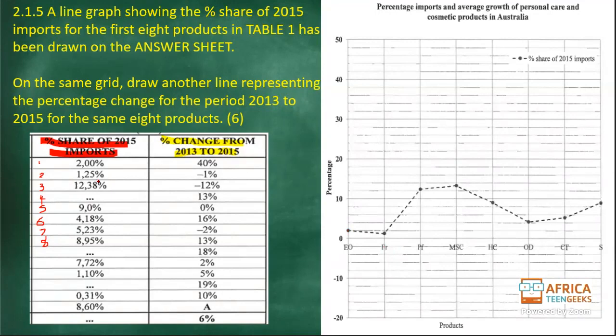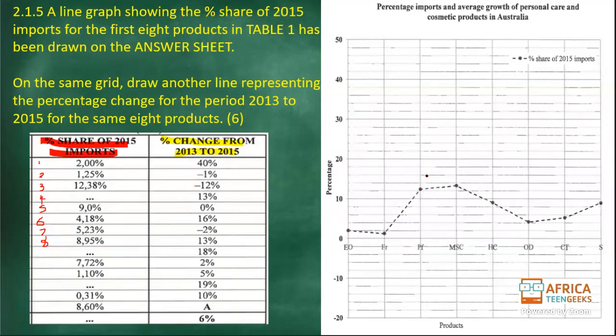And then the second one is 1.25. And you'll see it's slightly above the 0 point. So that's the 1.25. Third one is 12.38. You can see it's 1, 2. You can clearly see the labeling there, based on the values on the y-axis, where the scale used is a difference of multiples of 10. So 10, 20, 30, 40, 50, right?